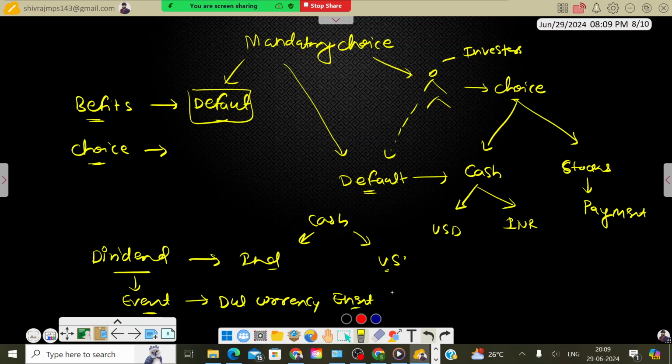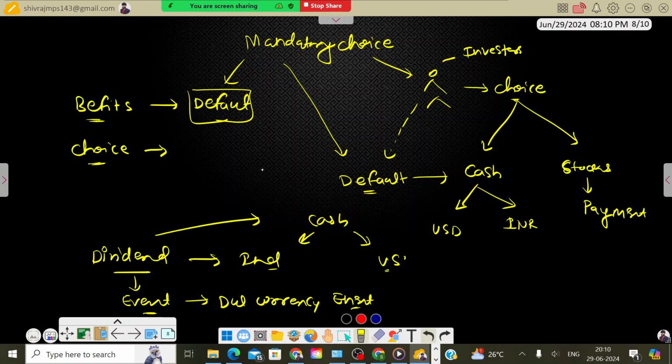So in case of a dual currency event, the company will process payments to both the US and Indian investors, and this is why we treat this event as a mandatory with choice event, because once the company announces a dividend, the benefit will anyway be received by all investors. It's just that the payment facility is available in two different currencies, one is INR and the second one is USD. So you can select that option and ask the company to process benefits accordingly.